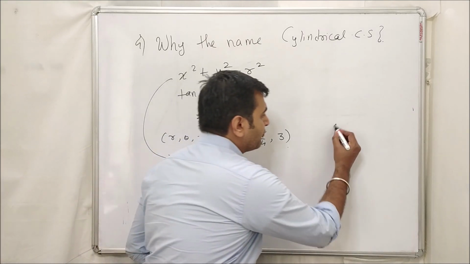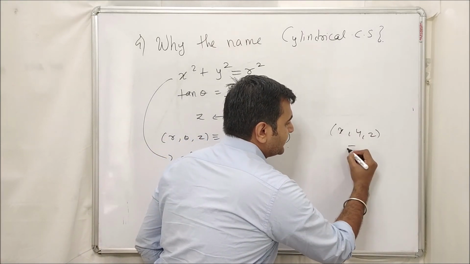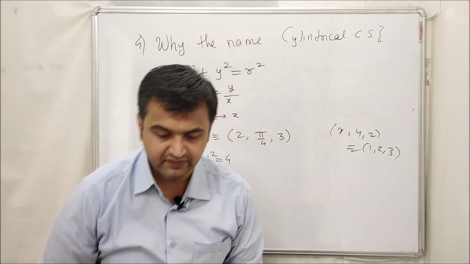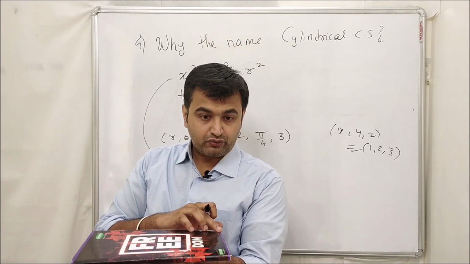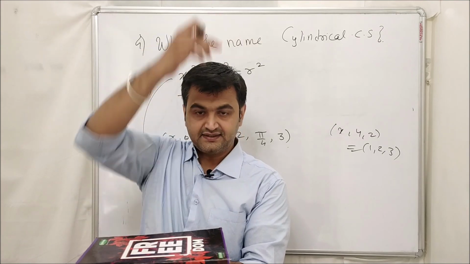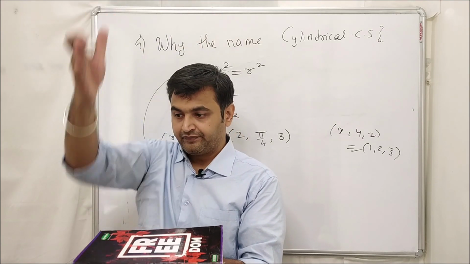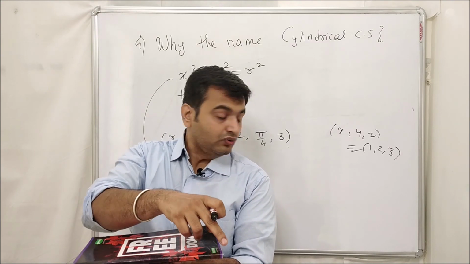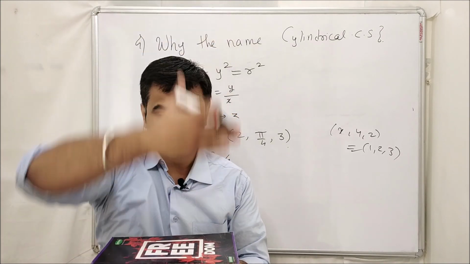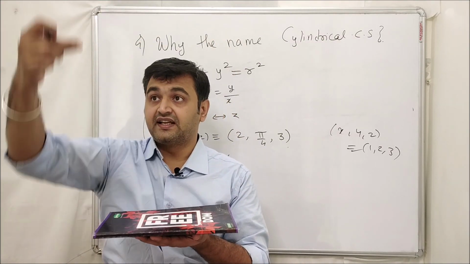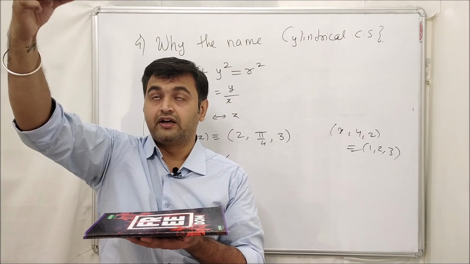Like, how do you draw a point in xyz? If I give you, say, 1, 2, 3, with the origin, x-axis, y-axis and z-axis, you draw the x equal to 1 plane. Then you draw the y equal to 2 plane. What is the intersection? This line. And then z equal to 3.